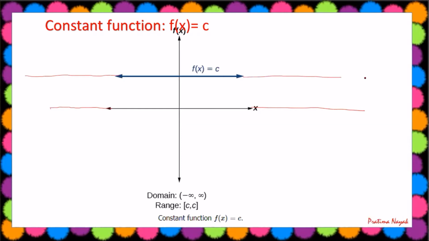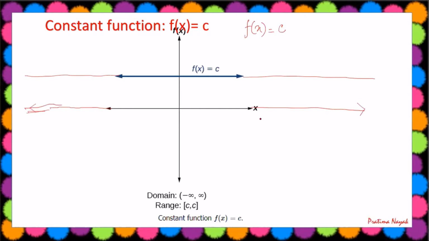Domain means where we cannot get a value of y when we put in x, that is not in the domain. So for f(x) equal to a constant, I can take any real value, irrational or rational. The value of x is from minus infinity to plus infinity.